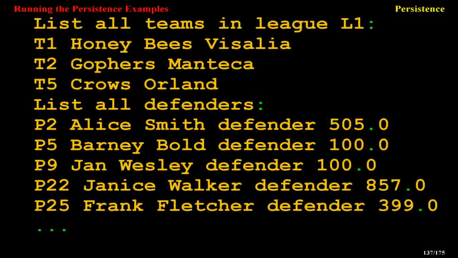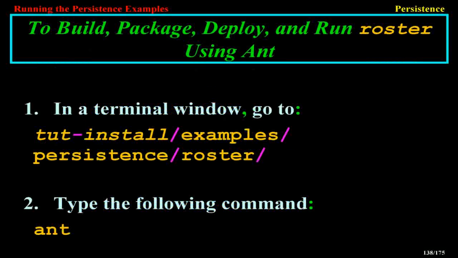List all defenders. P2 Alice Smith defender 505.0. P5 Barney Bold defender 100.0. P9 Jen Wesley defender 100.0. P22 Janice Walker defender 857.0. P25 Frank Fletcher defender 399.0.